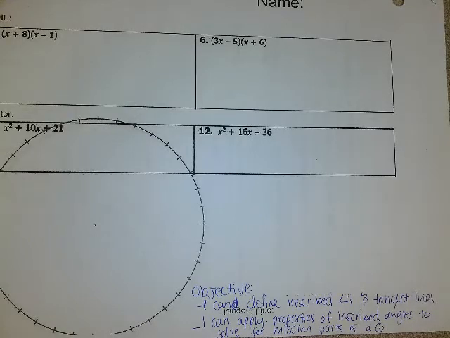It goes on forever. What do you think we're going to be doing today? Something with circles. We're going to be solving, right? So we need our algebra skills today.